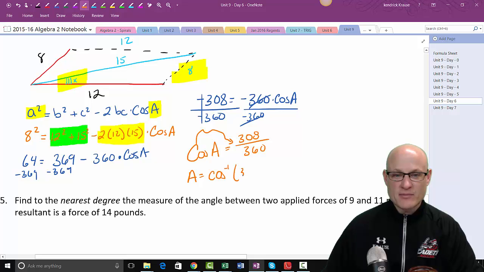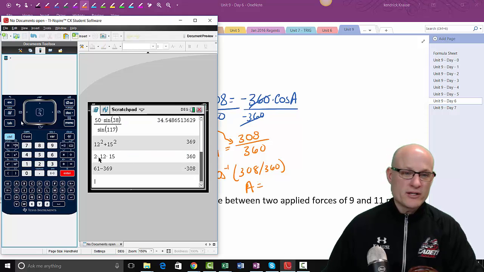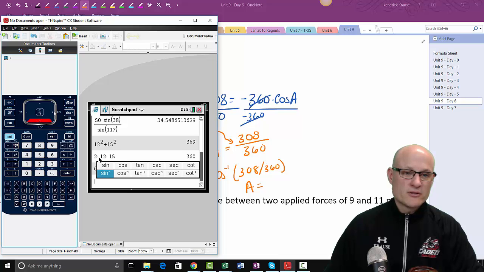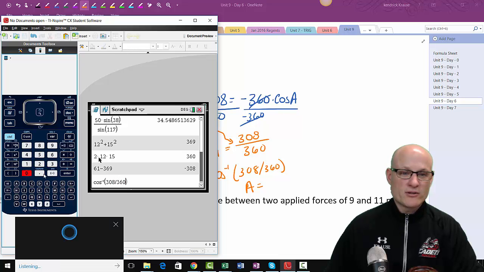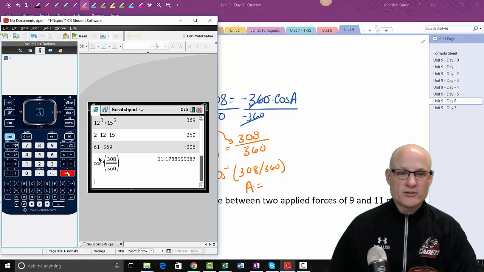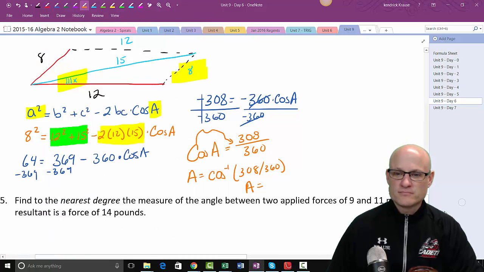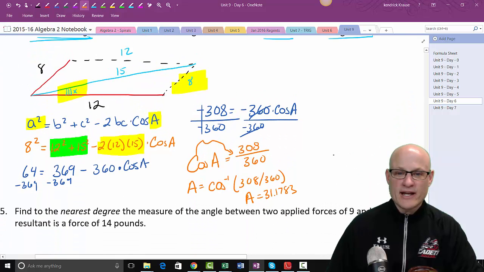So A equals inverse cosine of 308 divided by 360. Enter. 31.1783. And it said round to the nearest degree. The answer is 31 degrees. There it is, kids.